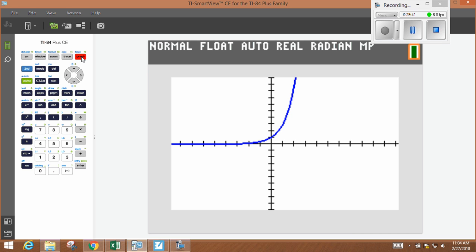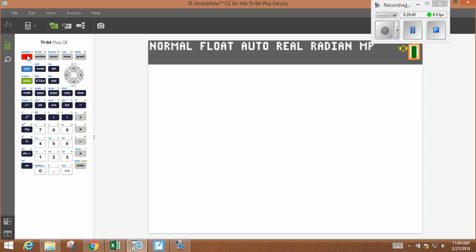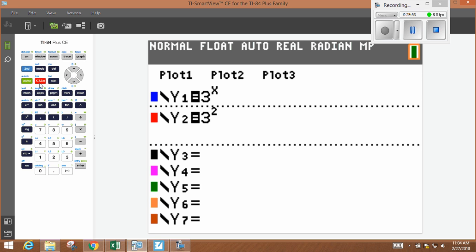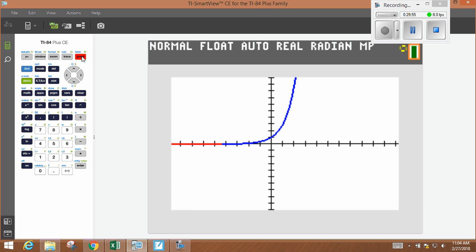So let's see what happens when we multiply the x by a 2. As I said, it was a horizontal scaling. It's like you took it and you squeezed it. And it kind of squeezed. Right? As we saw.